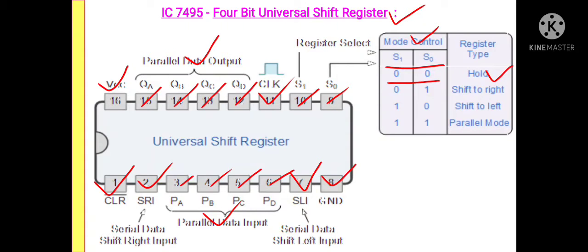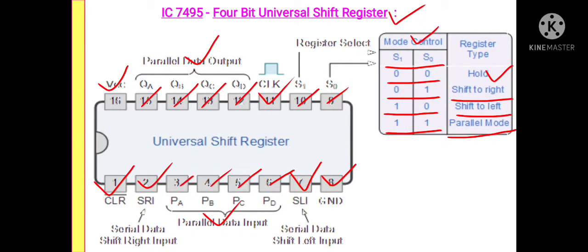If this combination is 0, 1, then it is used to shift the data towards right side. If the combination is 1, 0, then the data is shifted towards left side. And last, if the combination of S1 and S0 is 1, 1, then this universal shift register is used for parallel mode of operation of data.